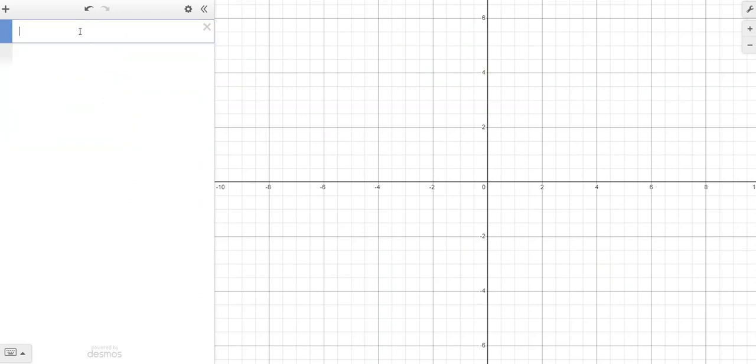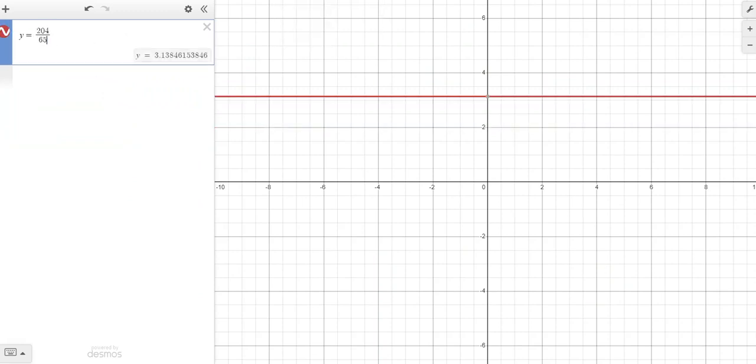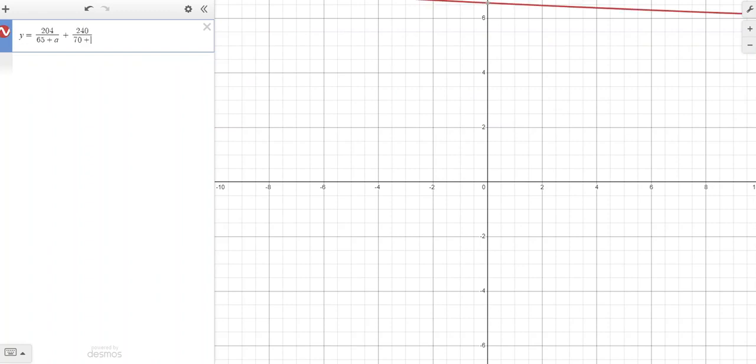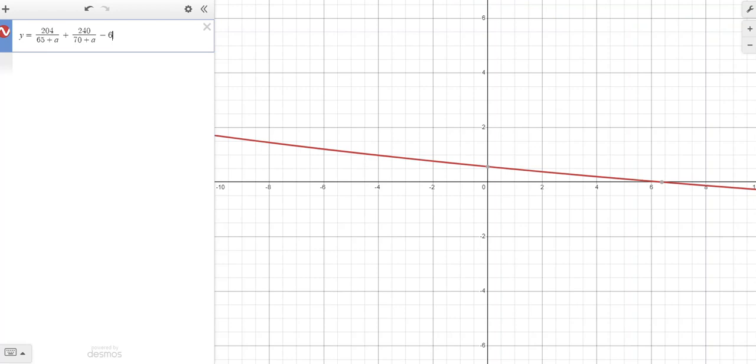I would like to graph 204 over 65 plus a, plus 240 over 70 plus a, minus 6.